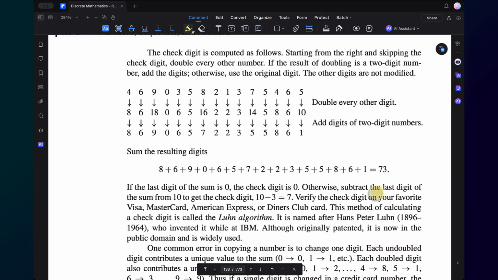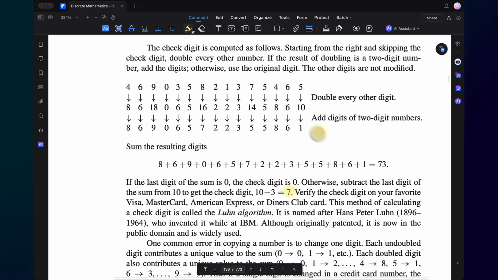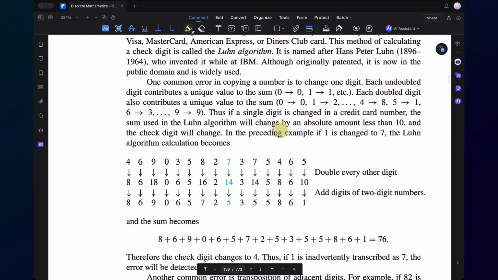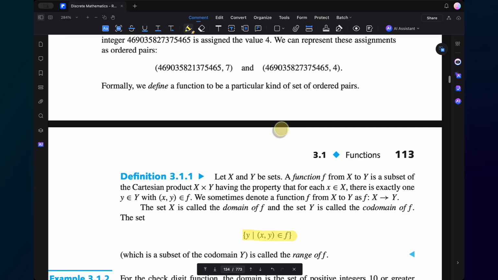Otherwise, you subtract the last digit of the sum from 10. In other words, you get 7, and that's how you can determine whether or not these original numbers come from a credit card. So, yeah, you can read through that. It's kind of interesting. It's an actual application there.